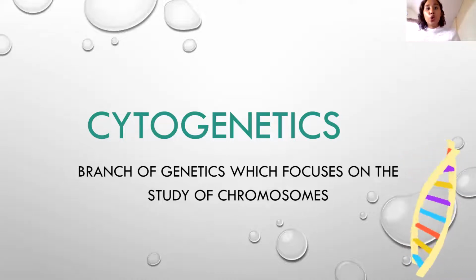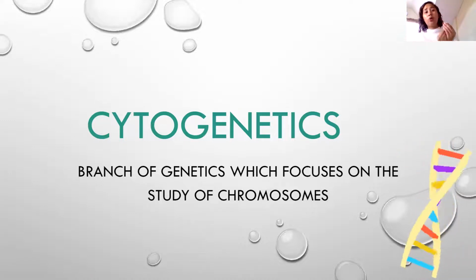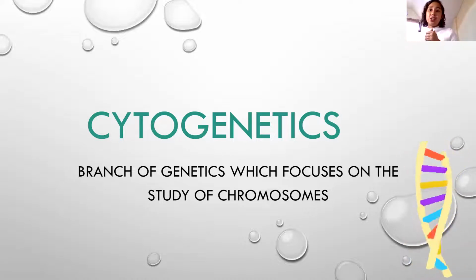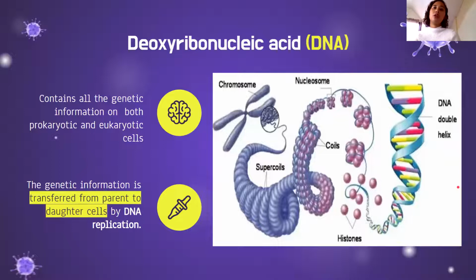And cyto is the study of a cell. Specifically, in that cell, merong chromosomes. Okay? So, cytogenetics is the study of chromosomes. Ma'am, ano ang chromosomes, okay? So basically, we have a DNA. DNA is so long, mahaba ang DNA.